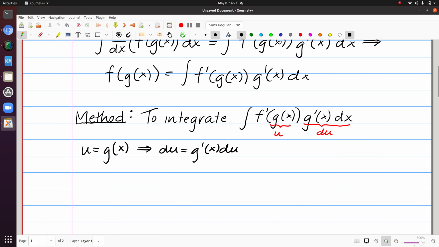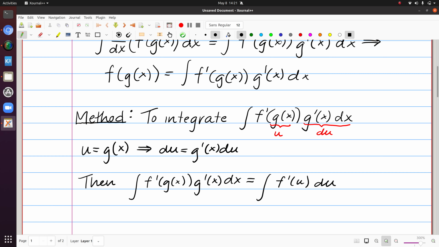Once I've done that, we're able to rewrite the integral that we started with in terms of the new variable u. So f prime of g of x now becomes f prime of u, and g prime of x dx now becomes du. The nice thing about this is, again, I have this simplified form where we're looking for the antiderivative of a derivative.